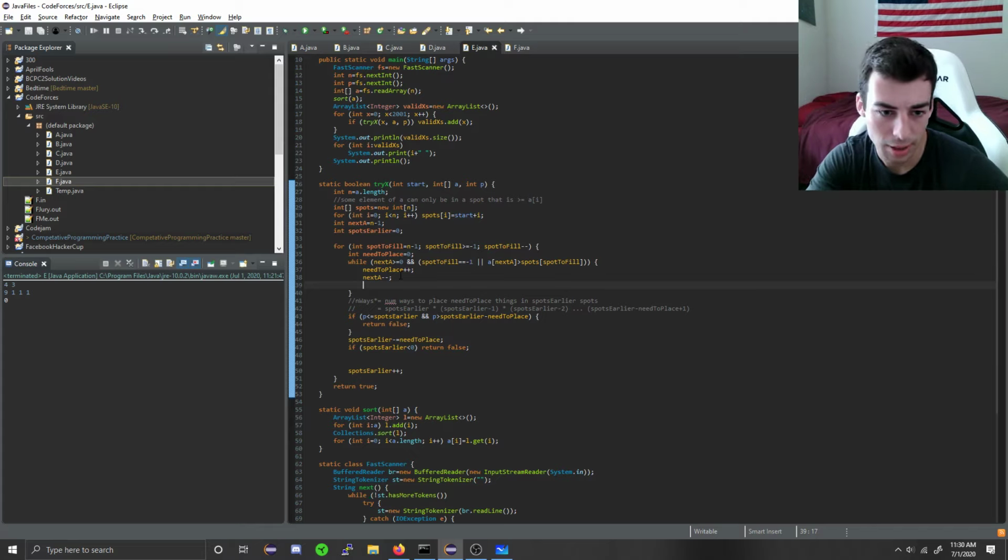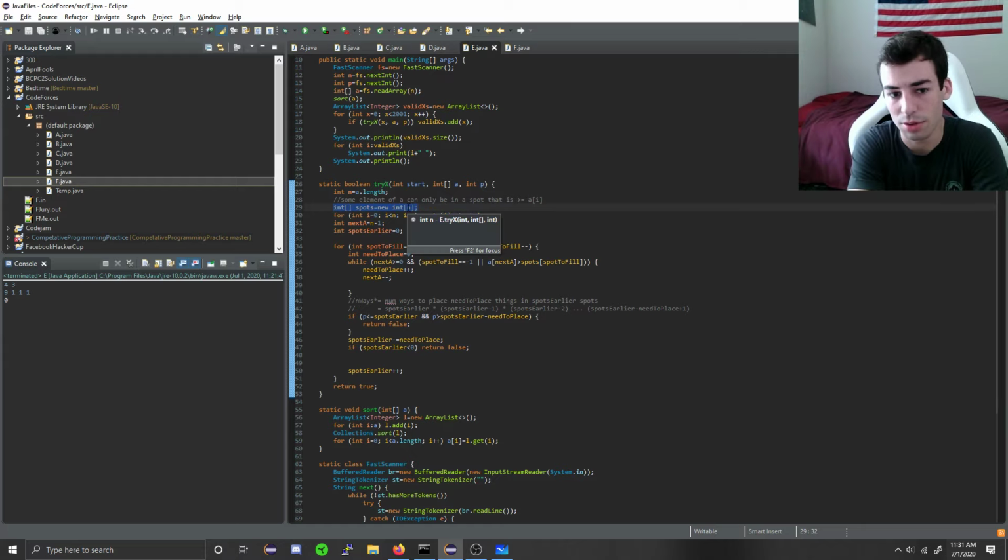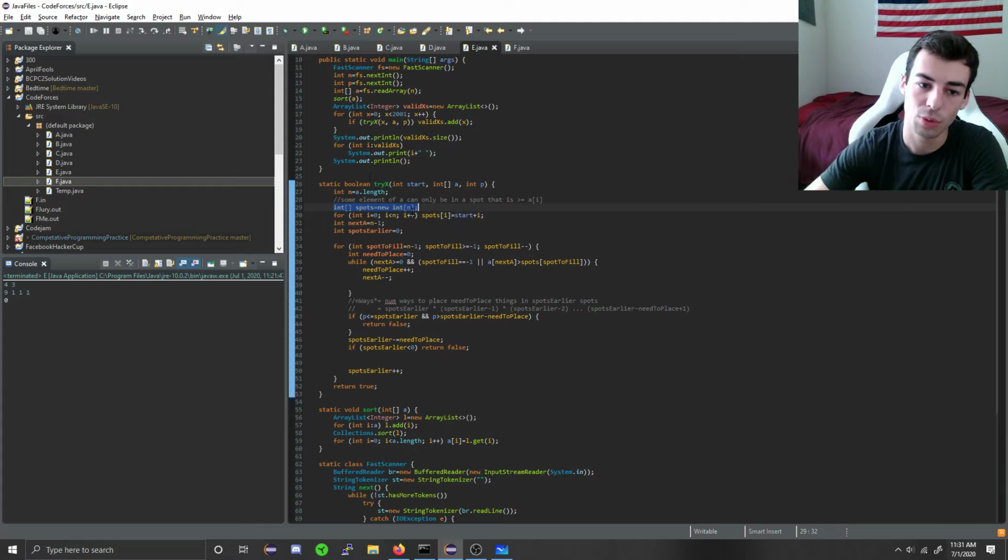Well, okay, one thing that I could abuse that I'm not is that this array, or this spots array, is almost always the same. Yeah, it's almost always the same, so you can take advantage of that in the following way.